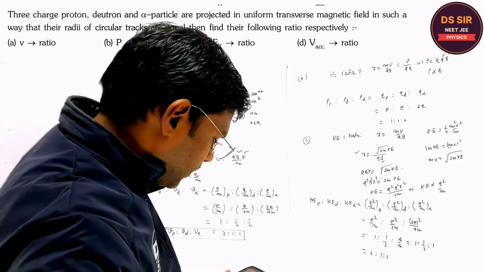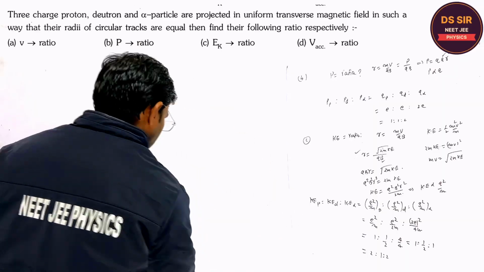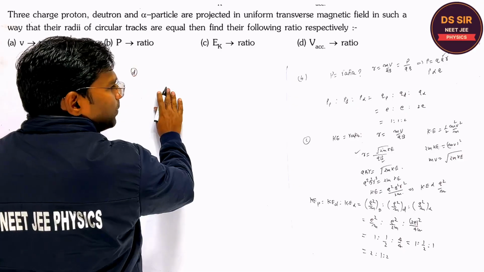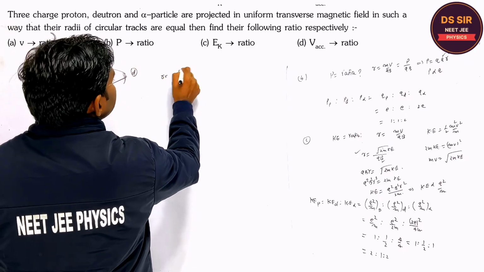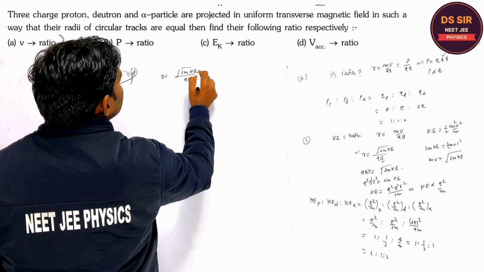And what about the fourth part? Potential ratio we have to find. So in the D part, the radius is root 2m into kinetic energy upon qB. And what is the kinetic energy?